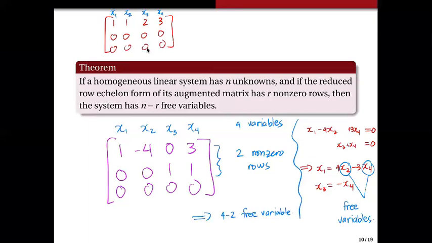If you look at this reduced row echelon form, this is a 0 row, this is a 0 row. We only have 1 non-zero row.